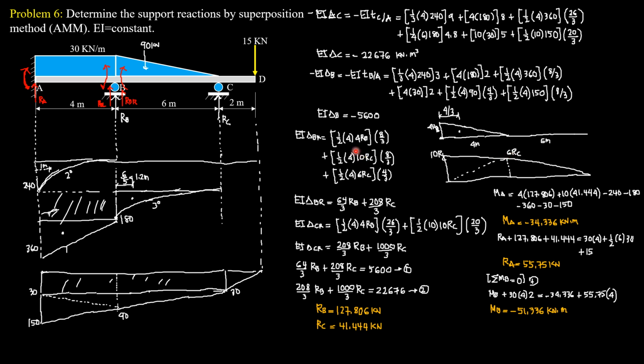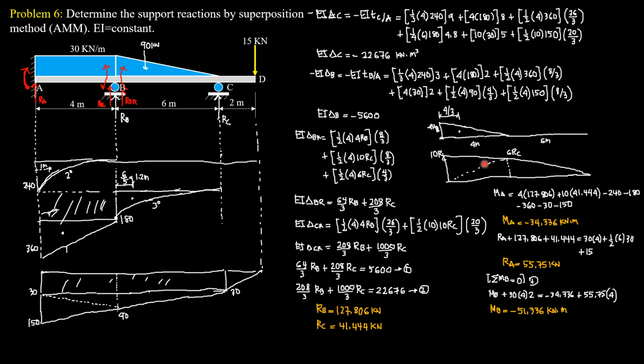So evaluating EI delta B due to the reaction, we only consider these areas here between A and B, and the moment with respect to B. Beginning with this area, 1/2 of 4 times 4 RB, that distance is 2/3 of 4, so 8/3. Plus this triangle, 1/2 of 4 times 10 RC, the moment arm is 2/3 of 4, 8/3 also.